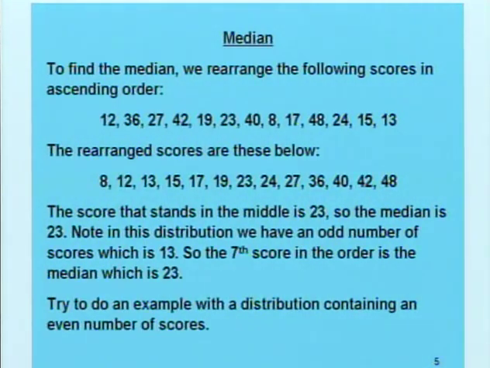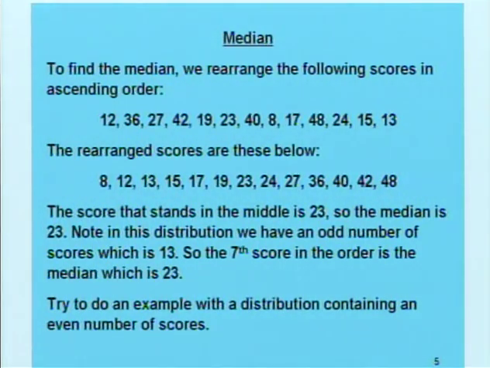The rearranged scores are given here, the lowest being 8, followed by 12, 13, 15, 17, 19, and so on up to 48. The score that stands in the middle is 23. So the median is 23.